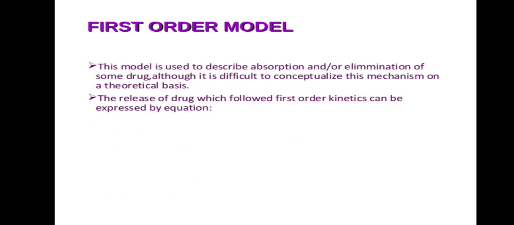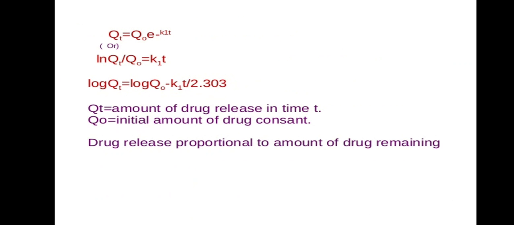First order model. This model is used to describe the absorption and elimination of some drugs. Although it is difficult to conceptualize this mechanism on a theoretical basis, the release of drug which follows first order kinetics can be expressed by the equation log Qt equals log Q0 minus K1 t upon 2.303.